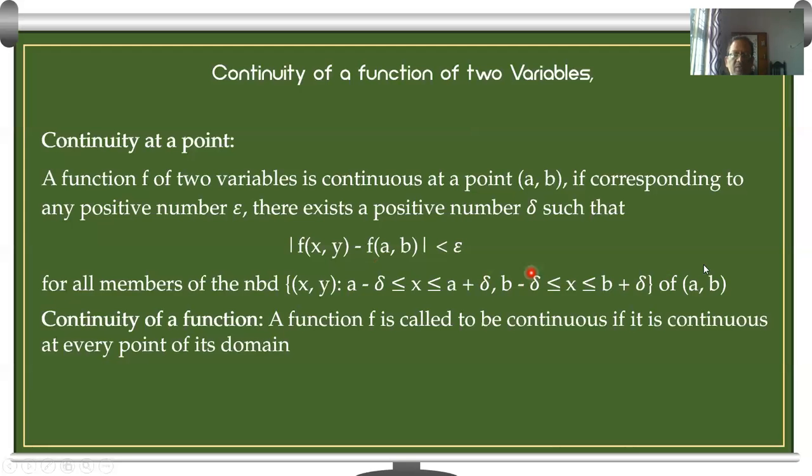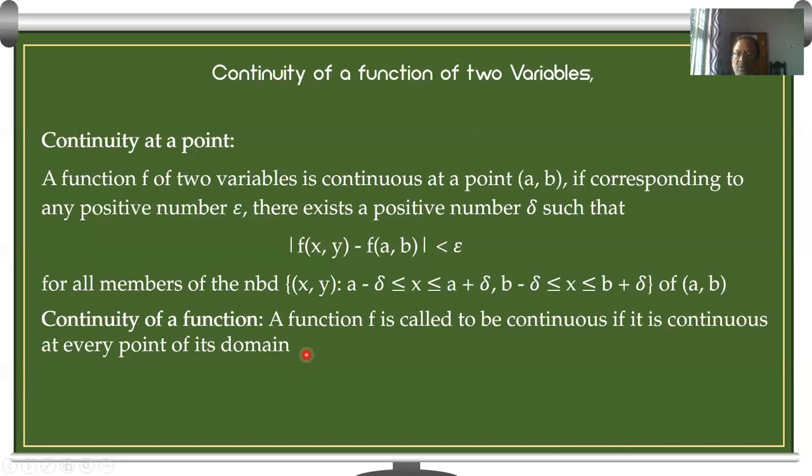Now it is a condition. And what does continuity of a function mean? A function f is called continuous if it is continuous at every point of its domain.